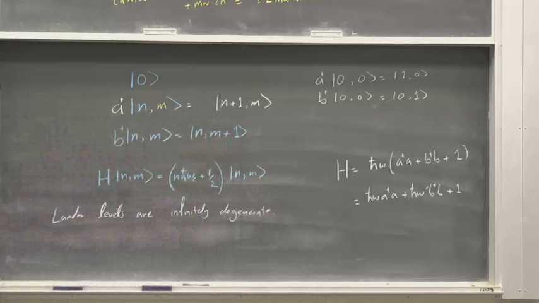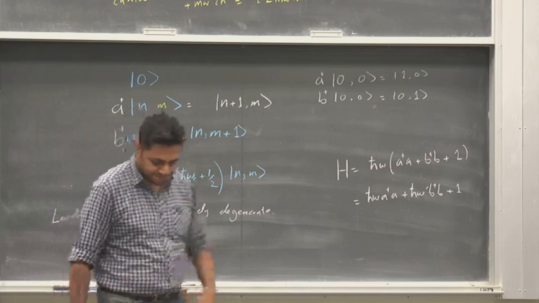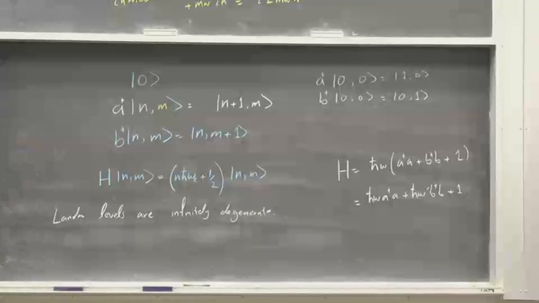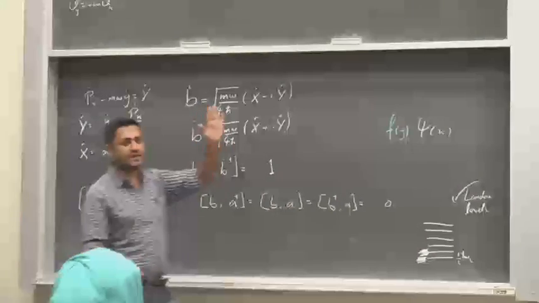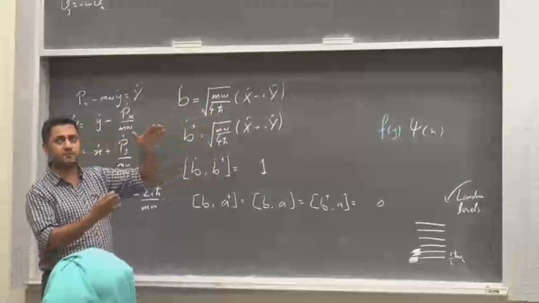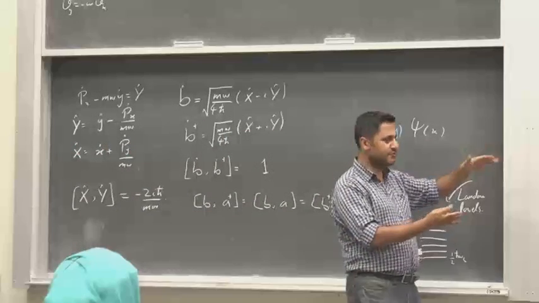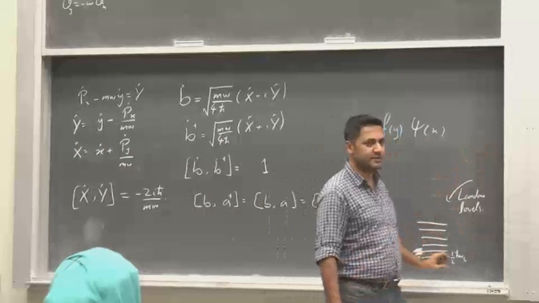Each level has infinite states. But that's not really true because I'm assuming that the strip is infinite in size. We will right now see that when we have a finite extent of the strip, this degeneracy is finite.